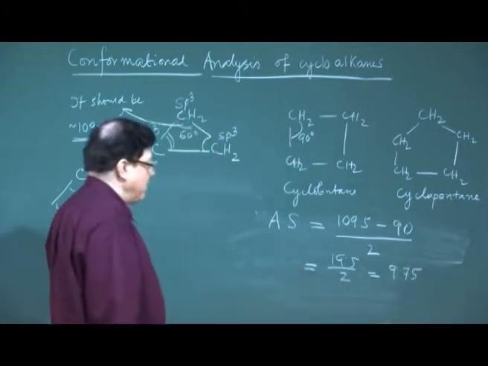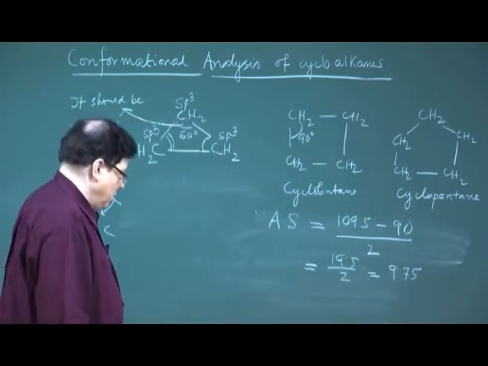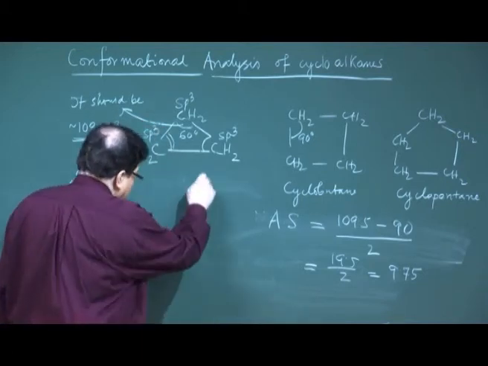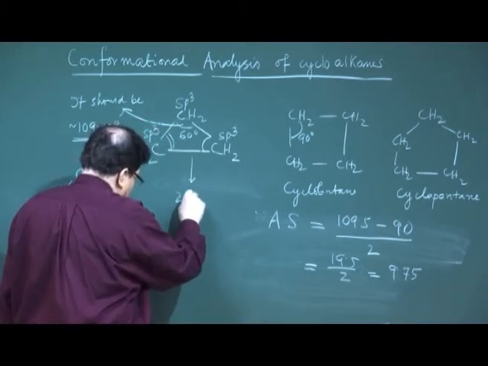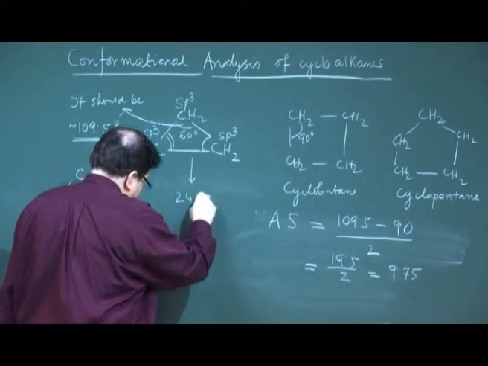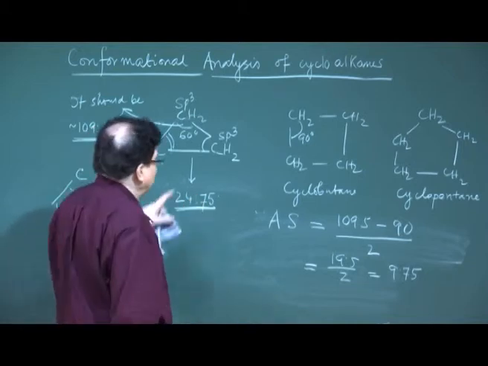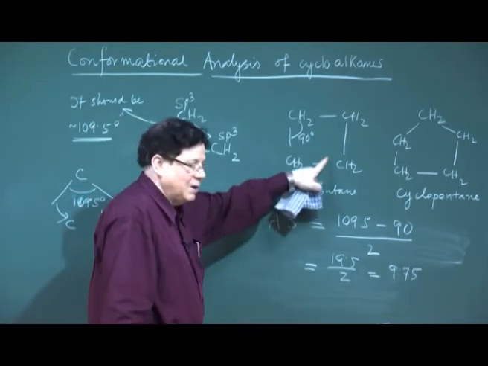So, 9.75 is the angle strain. Earlier, it was 24.75 in cyclopropane. Okay. So, the angle strain is more in cyclopropane than in cyclobutane.